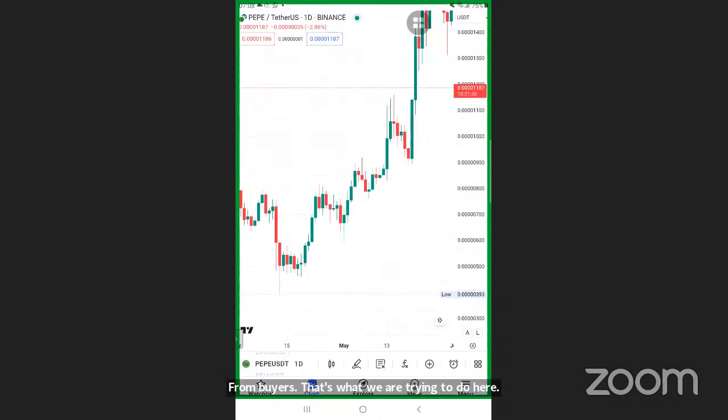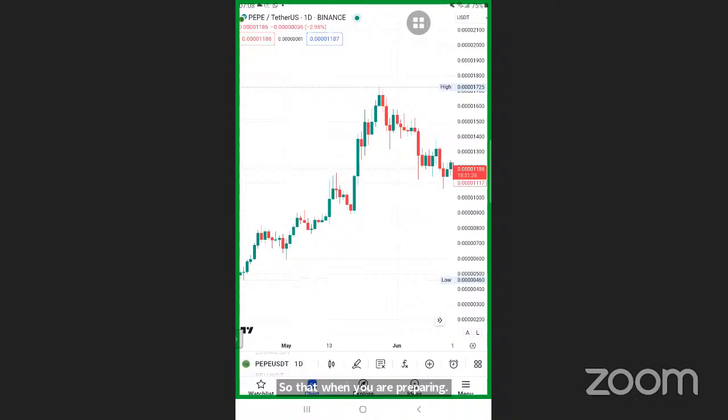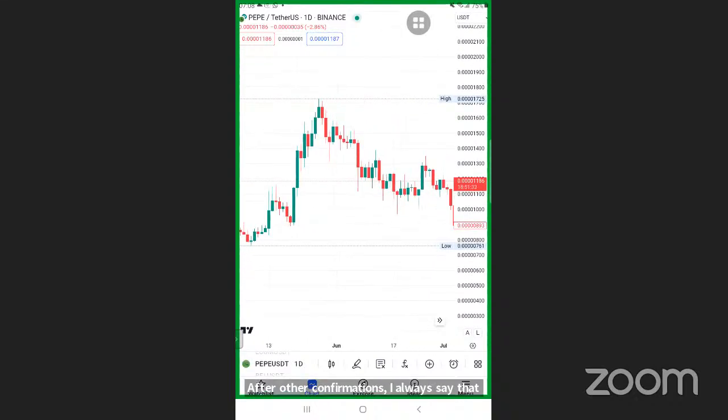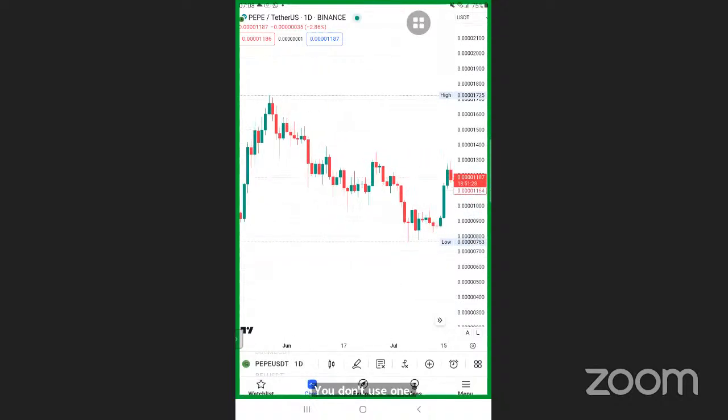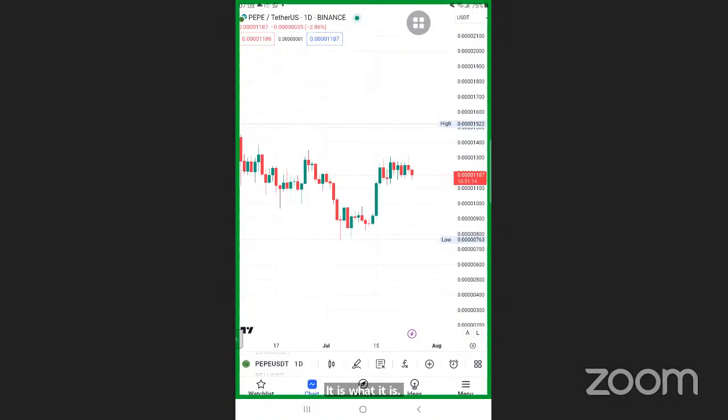So that when you are preparing to enter the market after other confirmations, I always say you don't use one interpretation and then enter the market. No, you also need to confirm with other tools and say, okay, what I am seeing here is what it is. So let me prepare myself whether to exit or to enter the market.